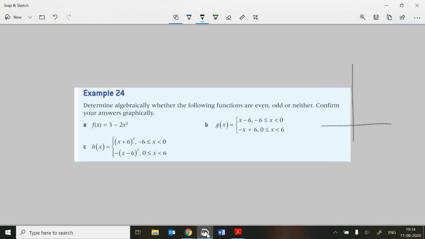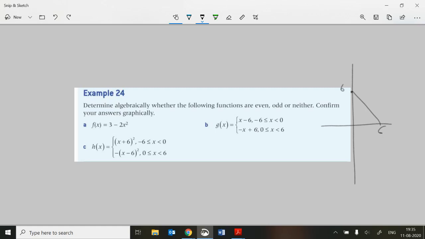Okay, so something like this. That was 6 and 6, and then minus x plus 6. So when we put in 0 here, I don't know. So no, we're looking at this part. So I'm getting myself confused here.